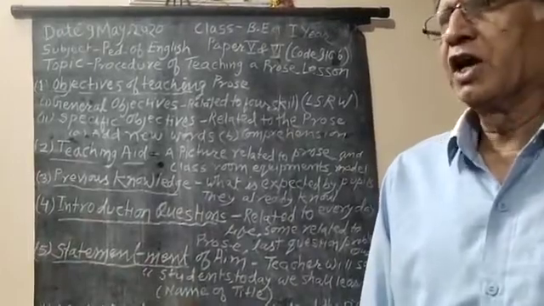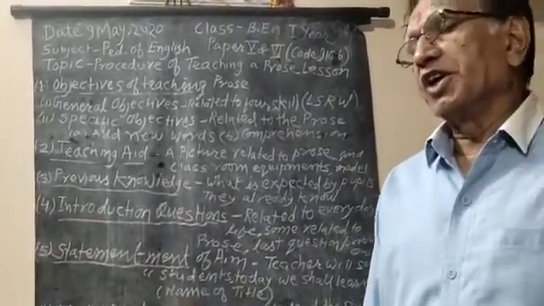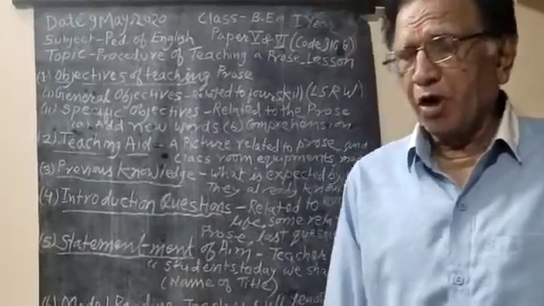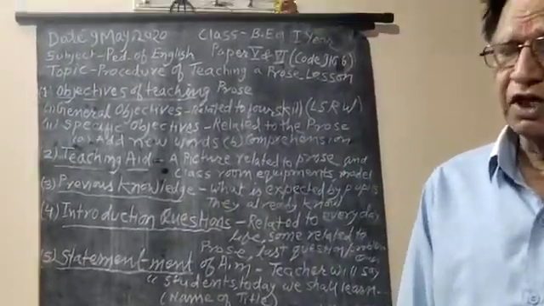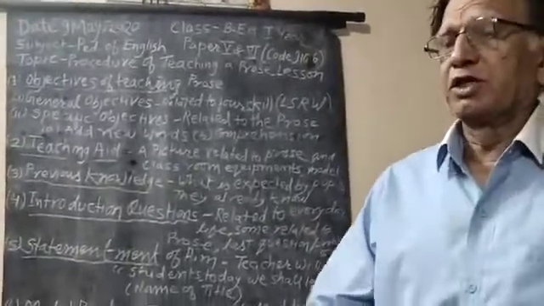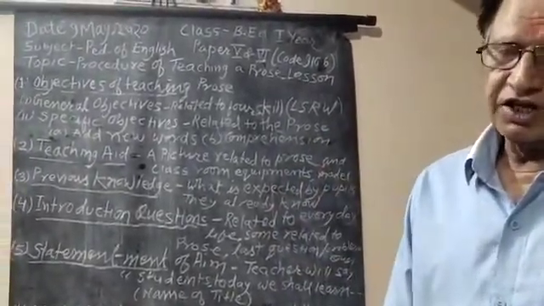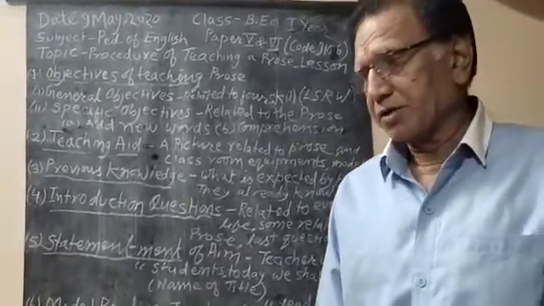In this way, last question will be directly related to the prose, which is called problematic question. Means what do you know about and the chapter's name. The student will not answer this, and this will be called problematic question.